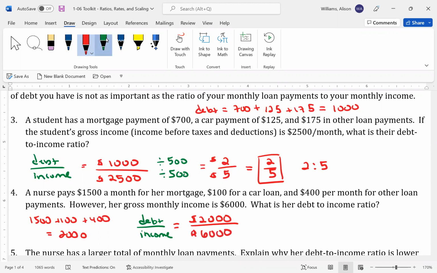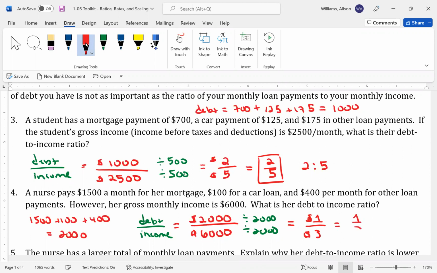Reducing, I could divide top and bottom by 2,000. 2,000 actually goes into 6,000. And that reduces down to 1 over 3, which again, I'm going to drop the dollar sign. So $1 of debt for every $3 made. So hers is 1 to 3.